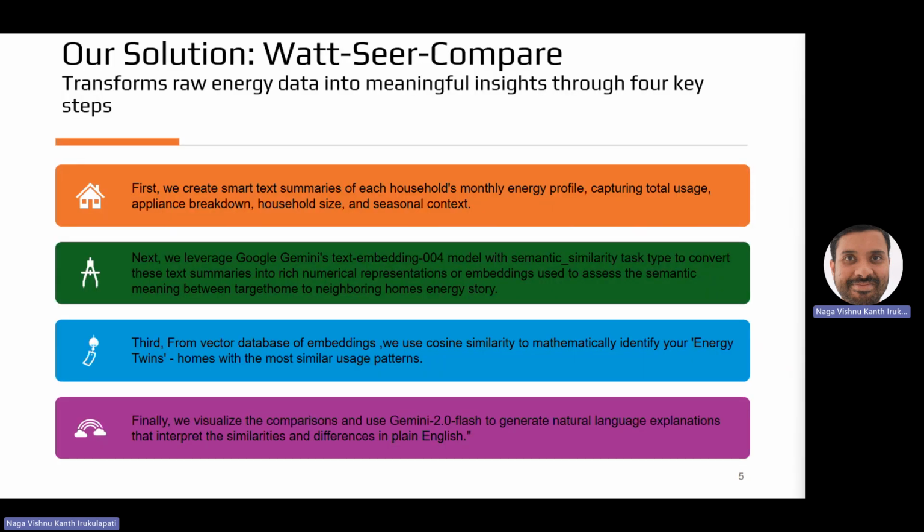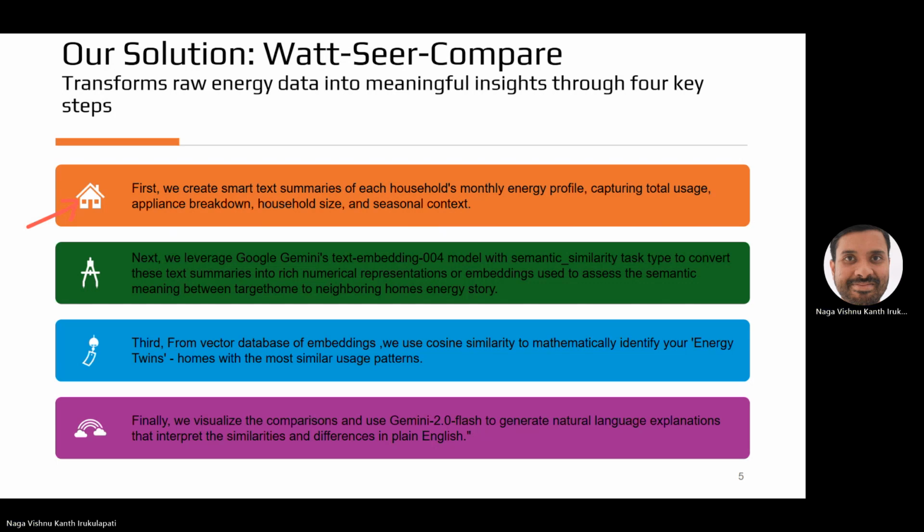Here you see our solution, which transforms the raw energy data you saw before into meaningful insights. The first step is that we pre-process and summarize the monthly energy usage per home.